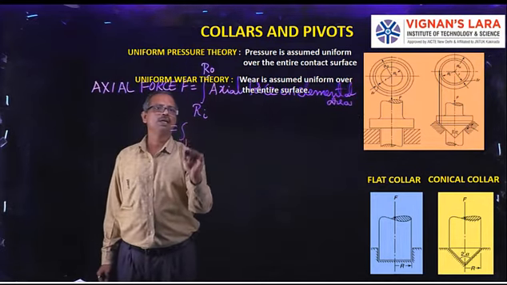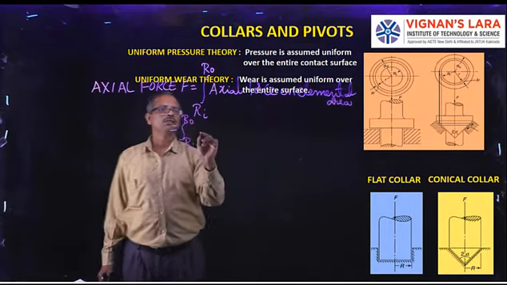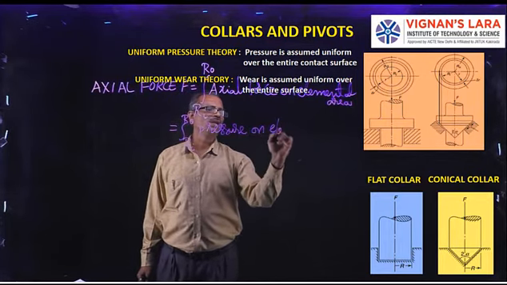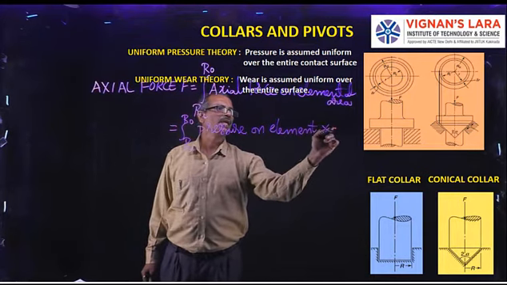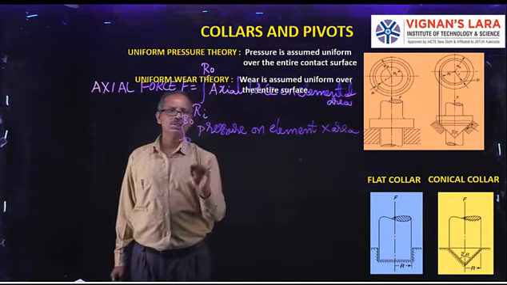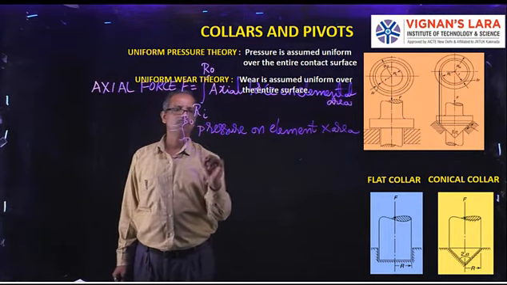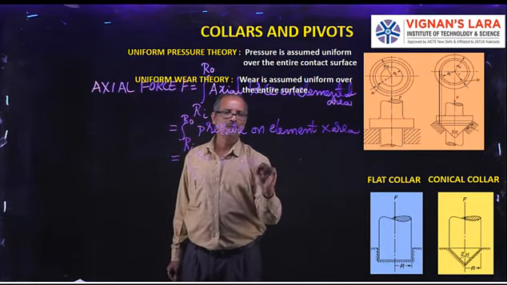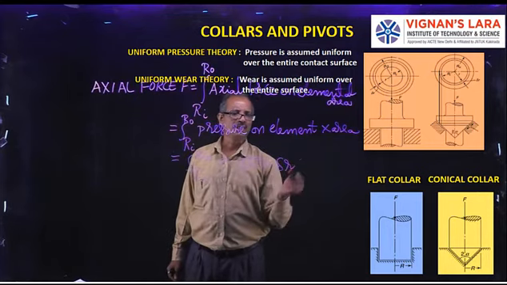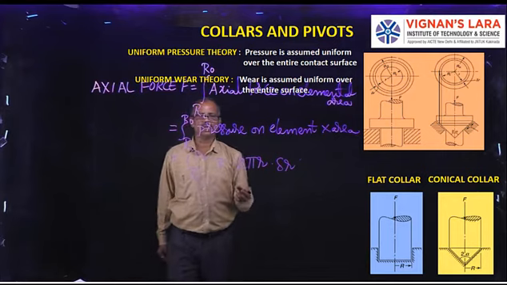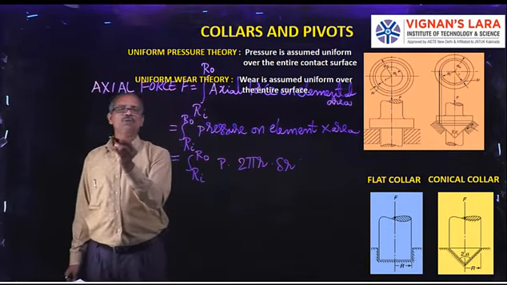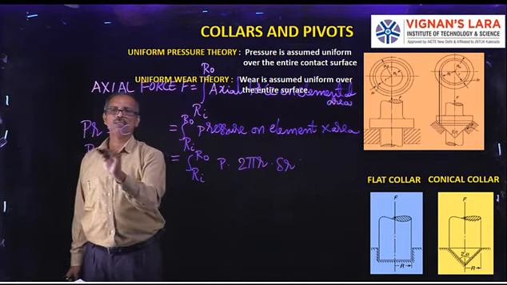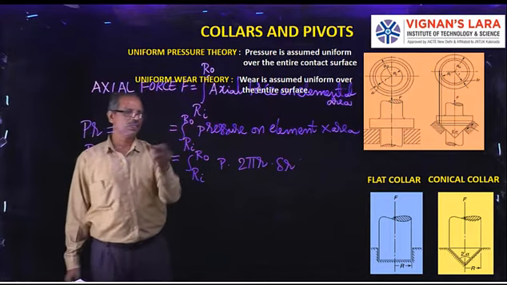If we know the pressure, it is the pressure on the element into the area. The pressure is P, and the element area is a ring, 2 pi r, with a width of dr, so 2 pi r dr. What we have written in the uniform wear theory is P into R is constant, so P is equal to C by R. This was already written.